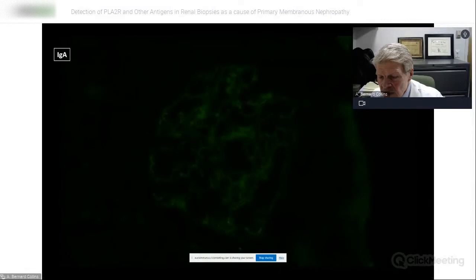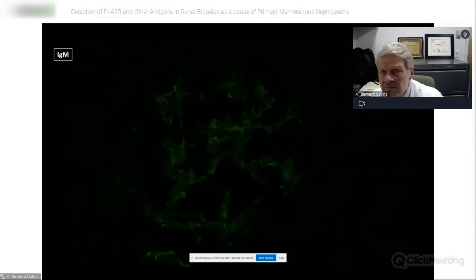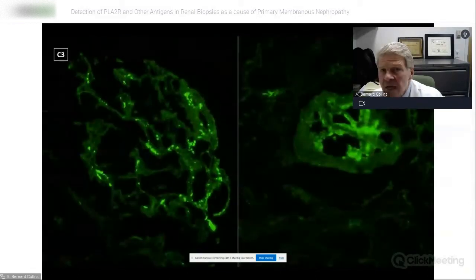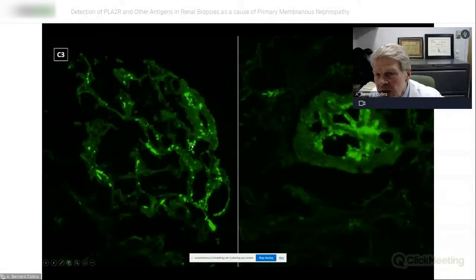So we saw linear staining basically through IgG and maybe a few granules, but didn't make much of it. The IgA was negative, the IgM was negative, and by C3 you see that some of these granules here are epithelial reabsorption droplets, which just denote proteinuria. But there's a line here of granules, and there may be some granules here, and then there was a scarring pattern for C3.